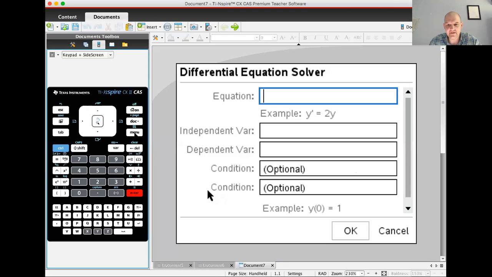So here, I'm going to say that T prime equals negative 1/4 times T minus 76. The independent variable is W. The dependent variable is T. And then we have an initial condition that T of 50 is equal to 85.